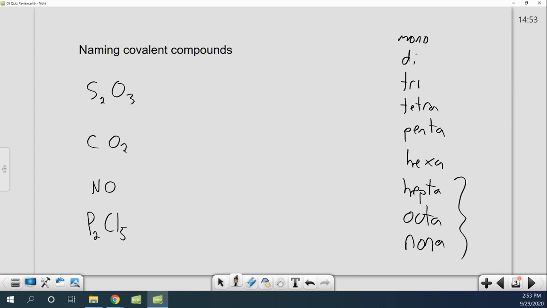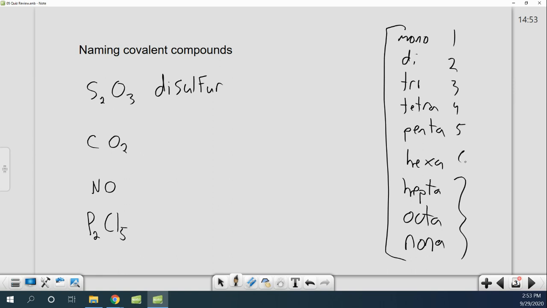Naming a covalent compound. Now, like I said, these are way easier. You name the first one, and you put a number or a word in front that tells you how many you have. I've got 2, so it's not sulfur. It's disulfur. Di means 2. I guess I should write that out. 1, 2, 3, 4, 5, 6, 7, 8, 9.